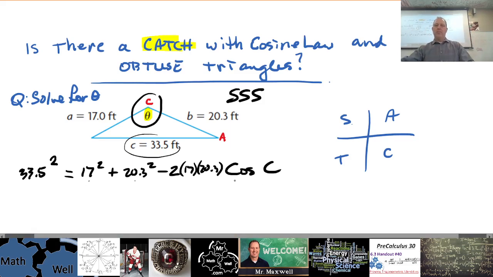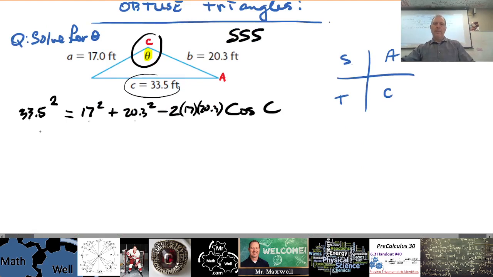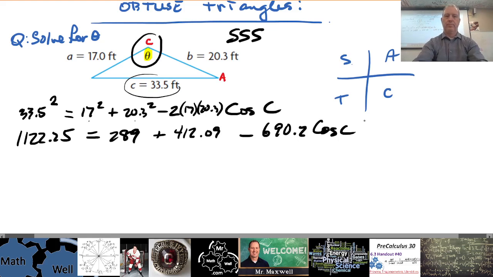I wonder what's going to happen when I solve for C. So, okay, let's do this together. Let's run through this here real quick. Okay, little calculation here. This is what I get.